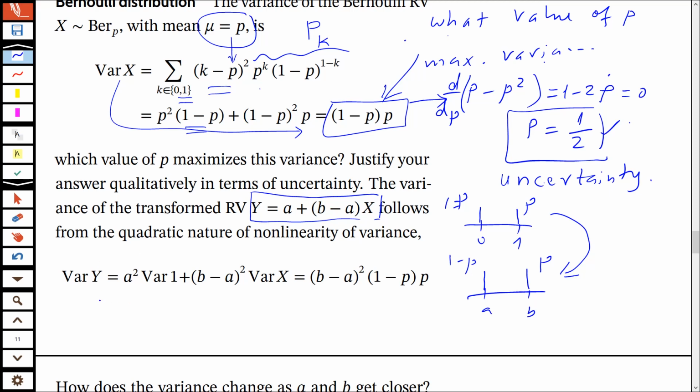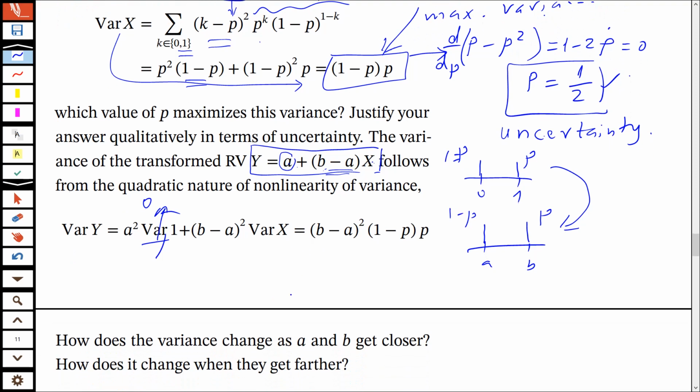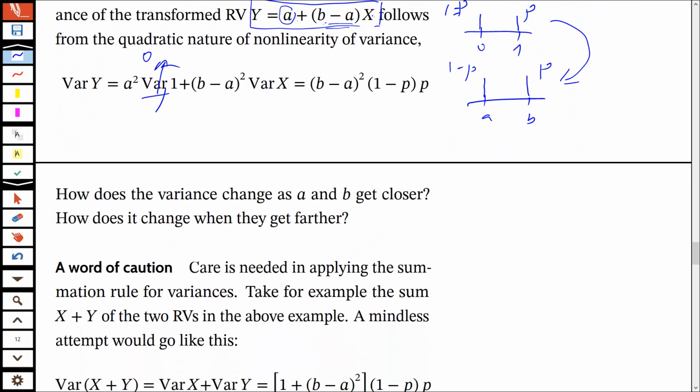Apply this rule of variance, because these two are independent. The Bernoulli random variable is independent of this deterministic quantity. The variance of a deterministic quantity is 0, plus this coefficient squared. Remember, you can either take it as a times 1, so it will be a squared times the variance of 1, or you can say a, so it's simply the variance of a. In both cases you get a 0. So you know how to work out the variance of the 2-point distribution.